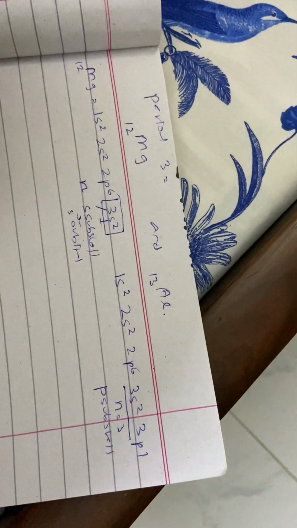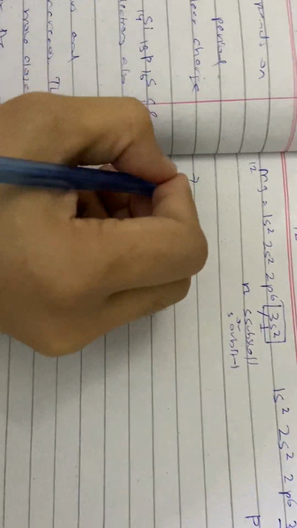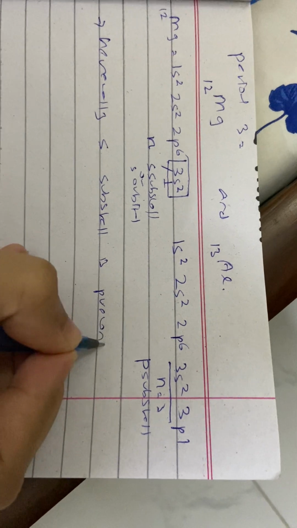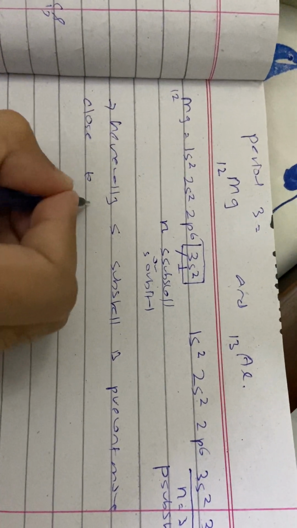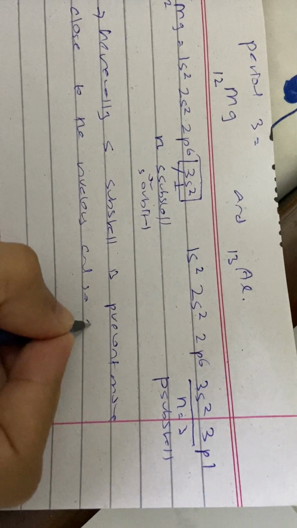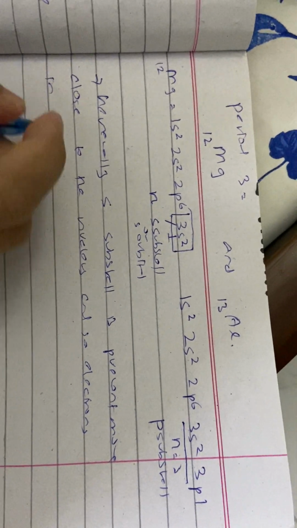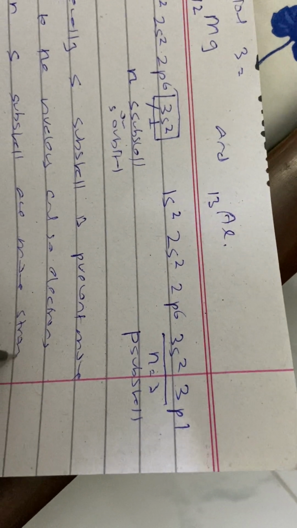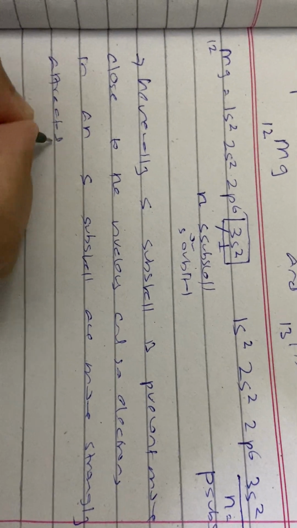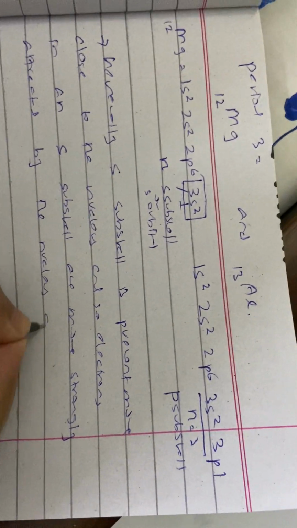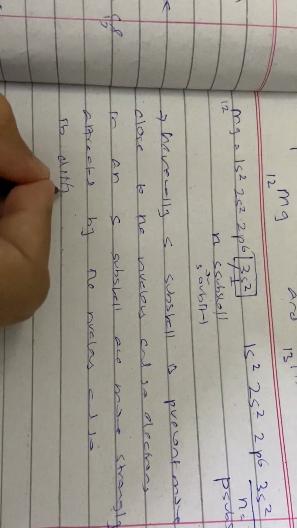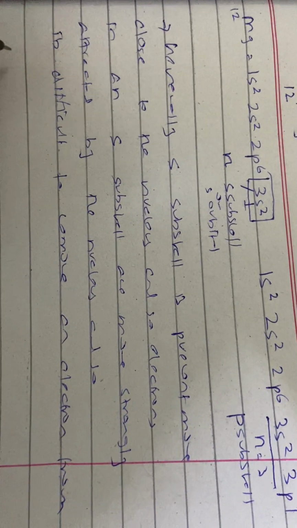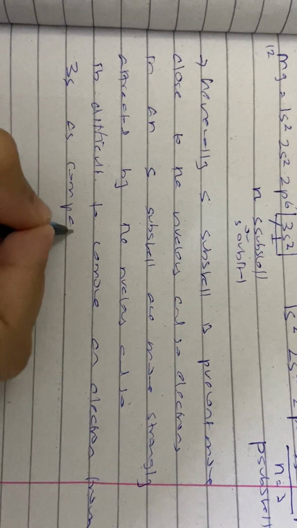Generally the s subshell is present closer to the nucleus, and so electrons in an s subshell are more strongly attracted by the nucleus, and so it's difficult to remove an electron from 3s as compared to 3p.